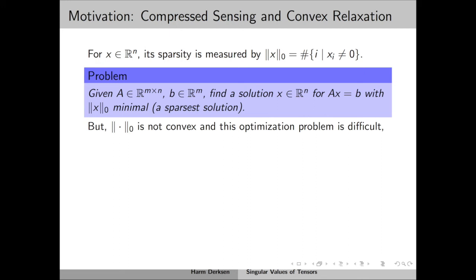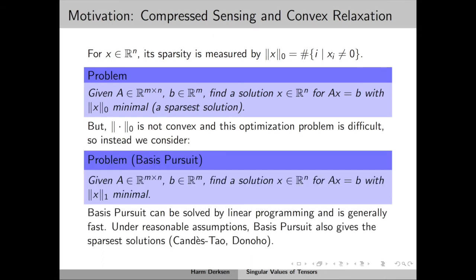But that function, this so-called L0 norm, is not a convex function. So it's difficult to work with in practice. A way to deal with this is, instead of using this so-called L0 norm, to replace it by the L1 norm.